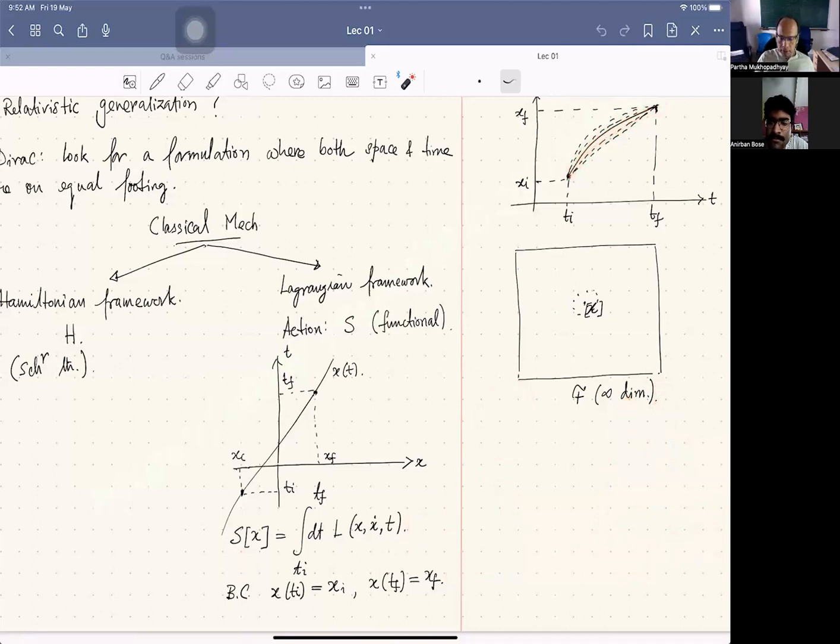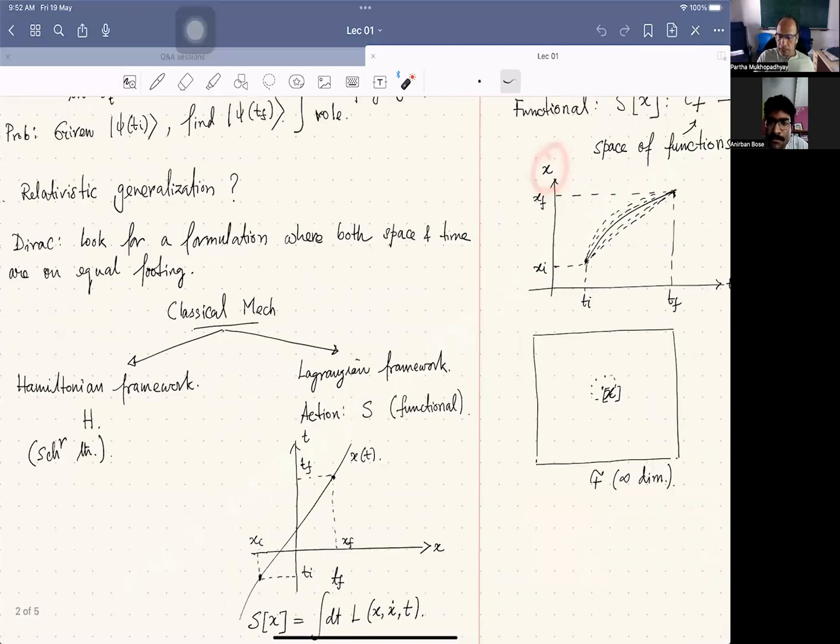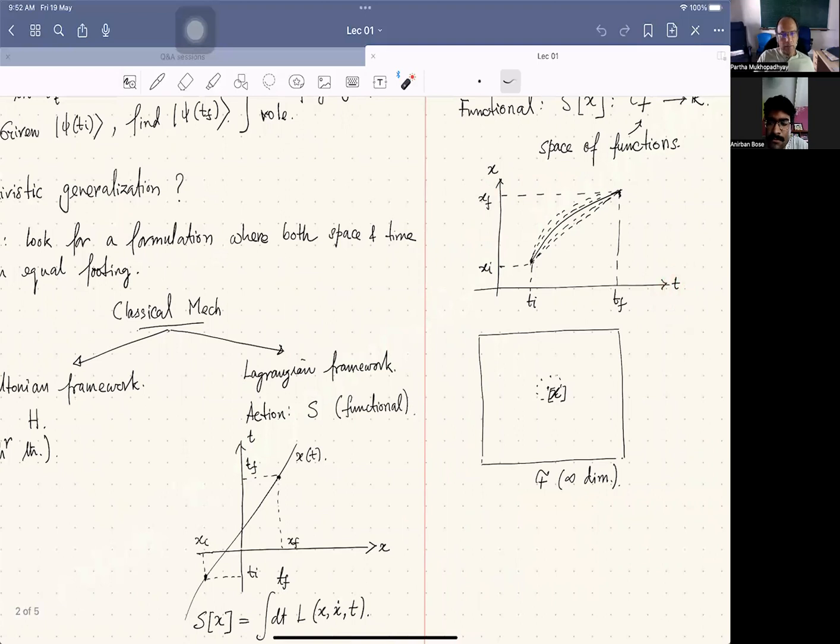usually a function is given, like for example, x is a function of time in this case. What is a function? A function is that you give a real number, which is a value of time, and you get back a real number. You give a real number, through this function you get back another real number, that's the value of x.